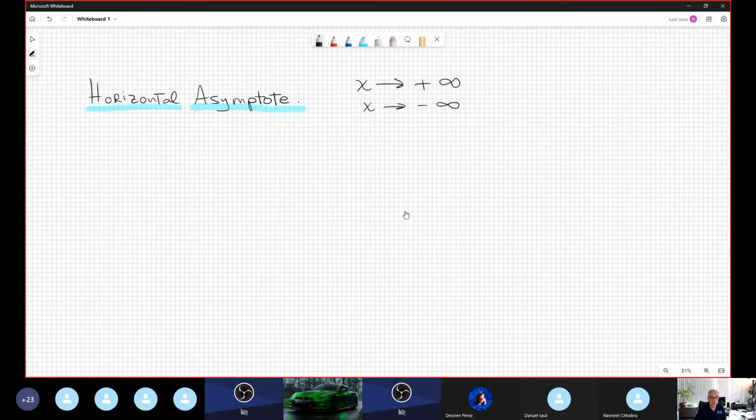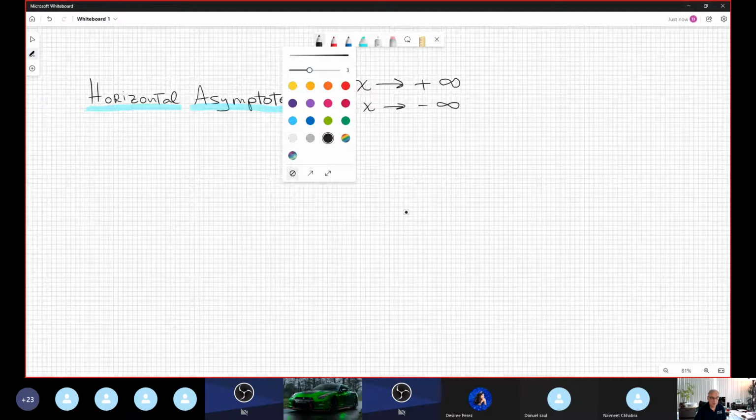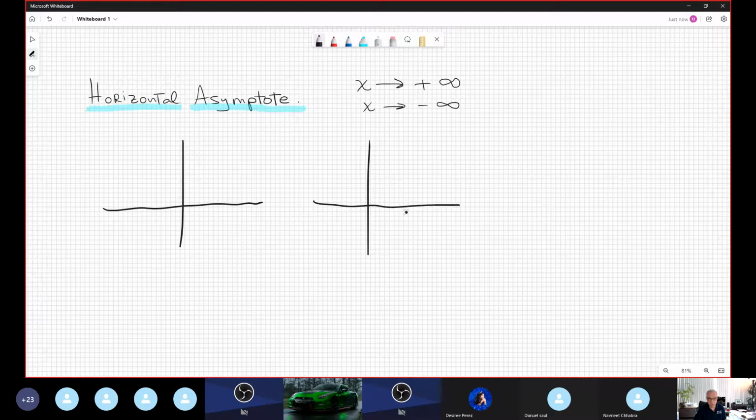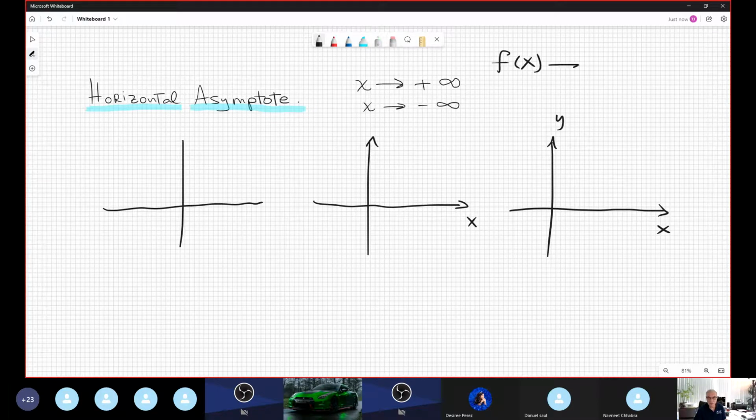Let me explain it. Suppose 3 scenarios in which you can see the horizontal asymptote. So in behavior, I need to find the f of x, the value of the function, when the independent variable x is a huge number, infinity positive or infinity negative.